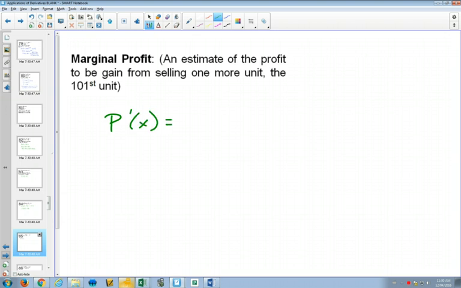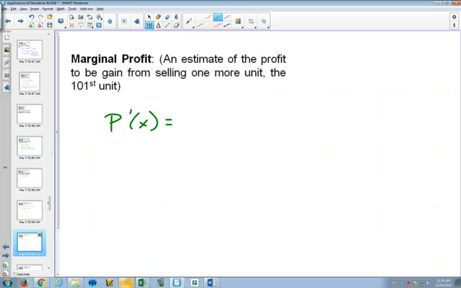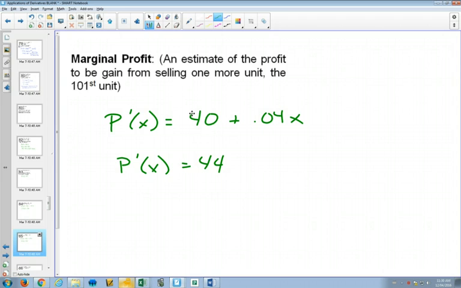Well, if we go to our profit equation that we had from before, and if you plug in 100, which probably made sense because if the 101st one is estimated to cost you $36, well then when you sell it for $80, your profit's going to be $44.